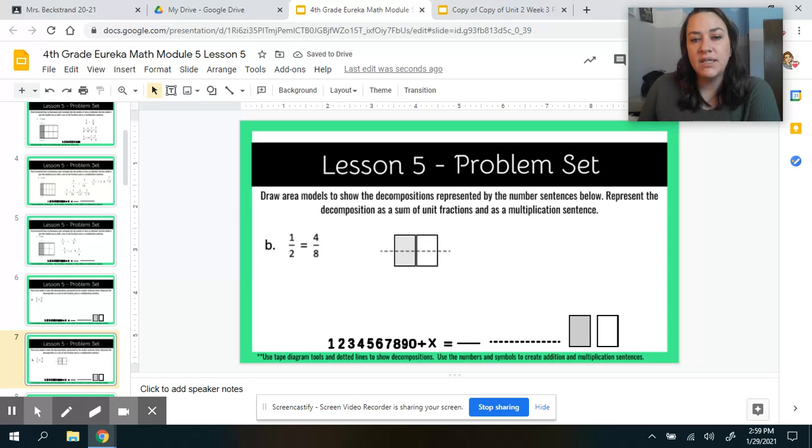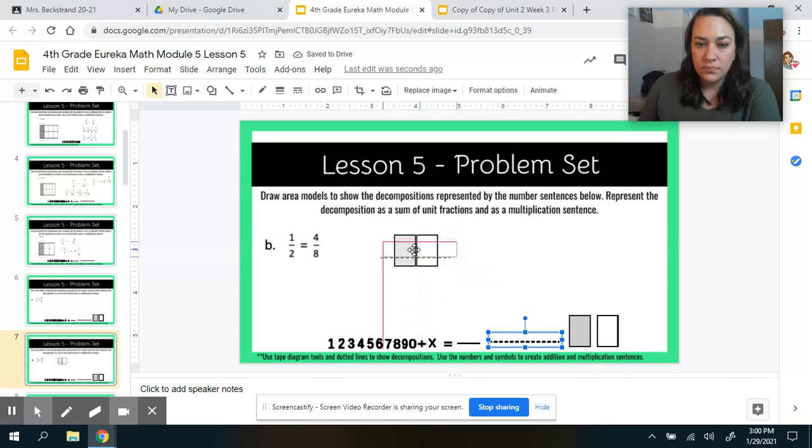So notice that 4/8 is equal to 1/2, but for 1/2 I need to decompose more to break it into 4. So we're going to have to draw a few extra horizontal lines. Notice when I just did 1, I have 2 fourths. Well, I need to do another horizontal line. I'm actually going to have to do 3 lines total.